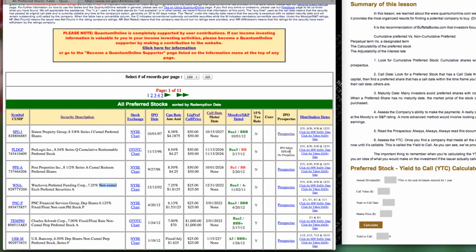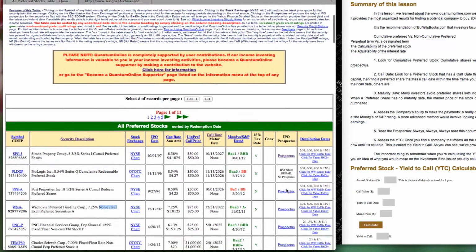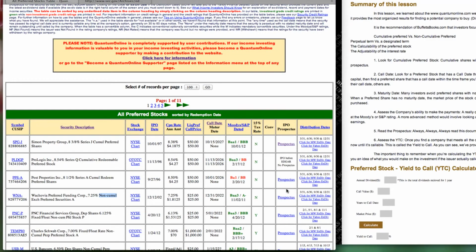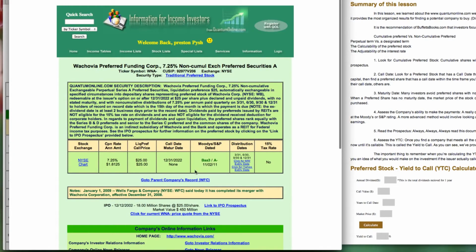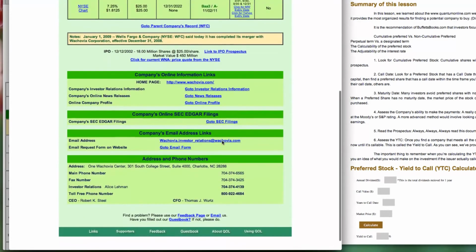And for whatever reason, let's say that you couldn't pull it off of the Quantum Online website, you can go to Wachovia or you can talk to the investor relations. Let me show you something here real fast. Let's say we go over here to the symbol, you click on the symbol, and Quantum Online pulls up all this information specifically for that security. And if you go down, you can see that they have phone numbers listed.